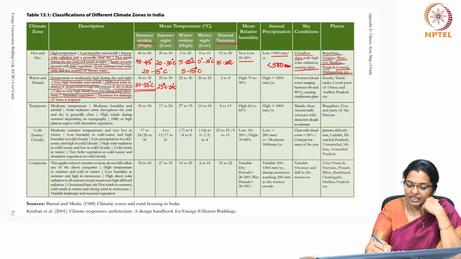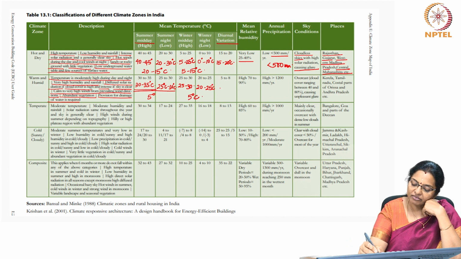Winter midday is high. So in summer, the diurnal variation is about 5 degrees. That's it. Winter midday ranges between 25 to 30 degrees centigrade, and winter nights the temperature is between 20 to 25 degrees centigrade. This again makes the diurnal variation only 5 degrees centigrade.